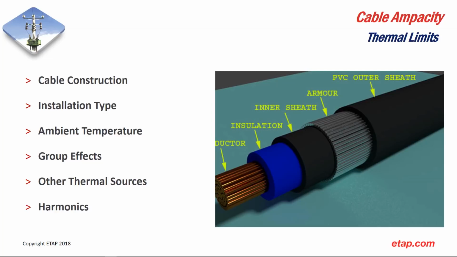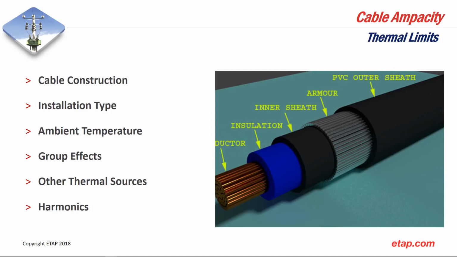Cable ampacity thermal limits, as we could see from the picture, is essentially the cable construction, the installation type, whether it's underground, above ground. Very important is also the ambient temperature, because this will have a direct impact on heat dissipation.